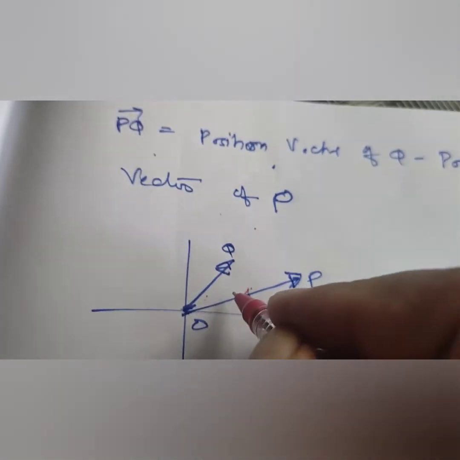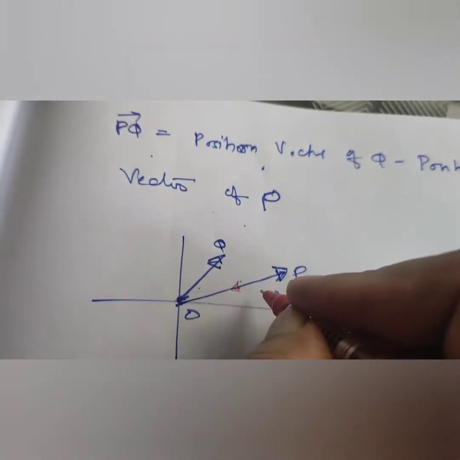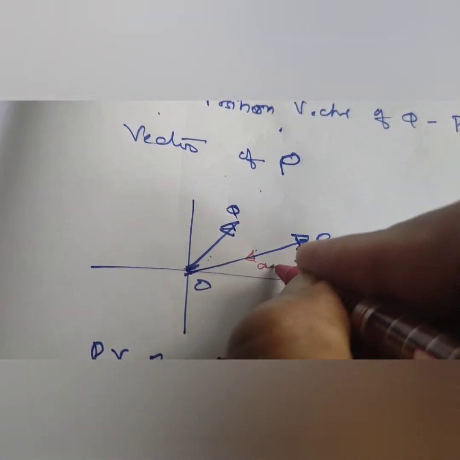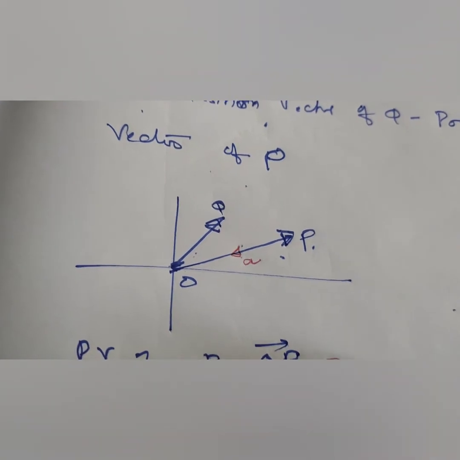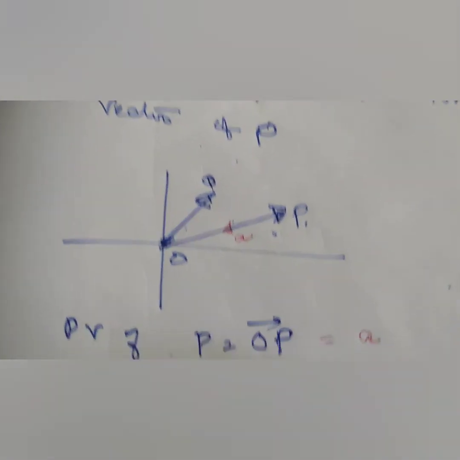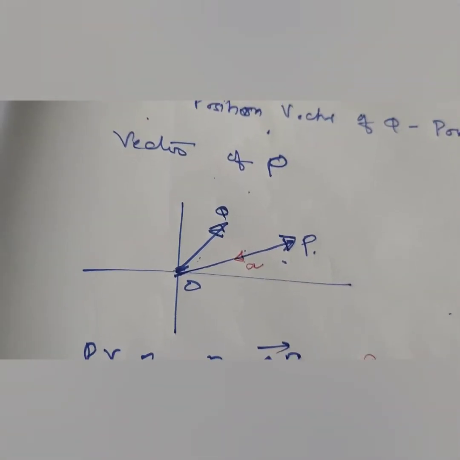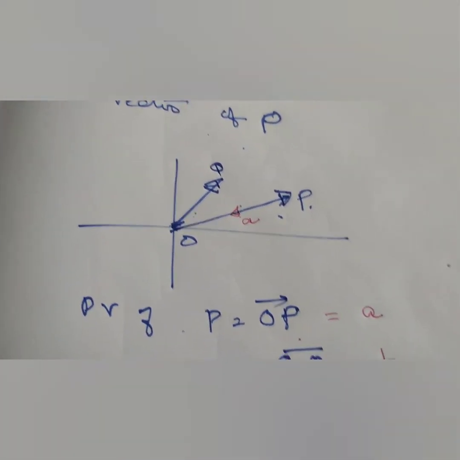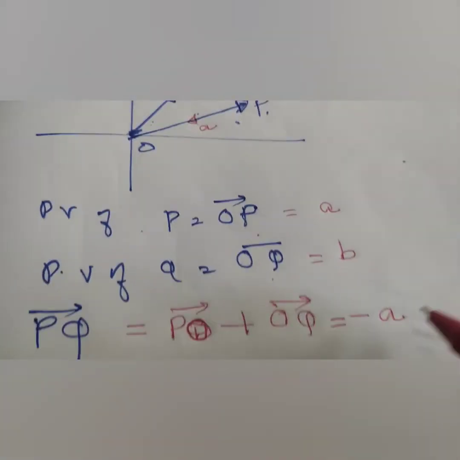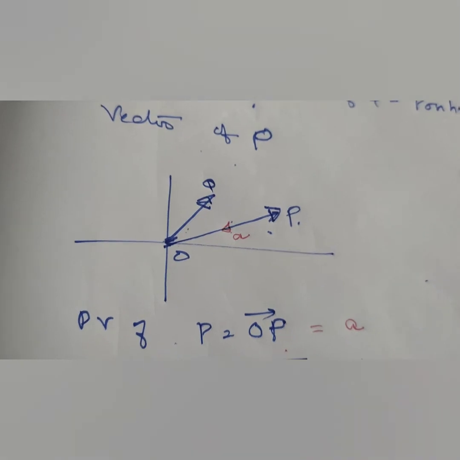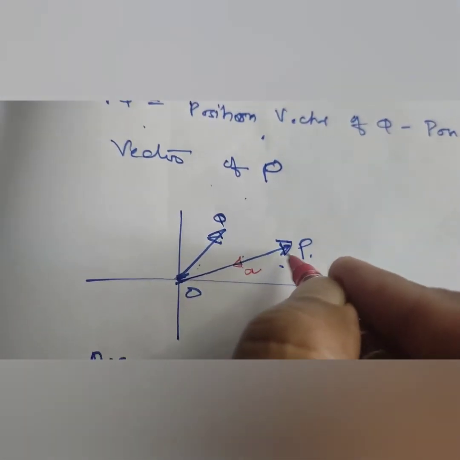If OP is A, consider this as A, and OQ is equal to B. Then PO means it is minus A, the vector is pointing this way. Minus A plus OQ, that is PQ.